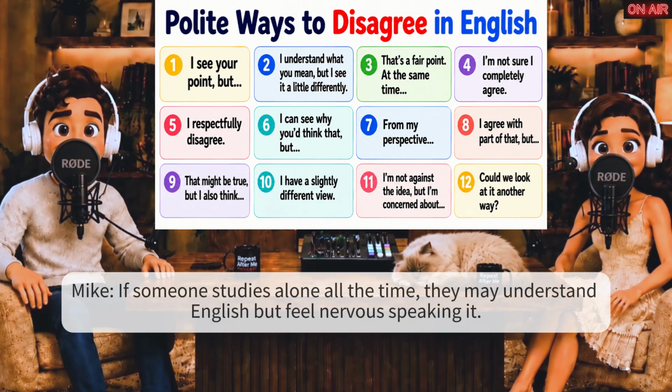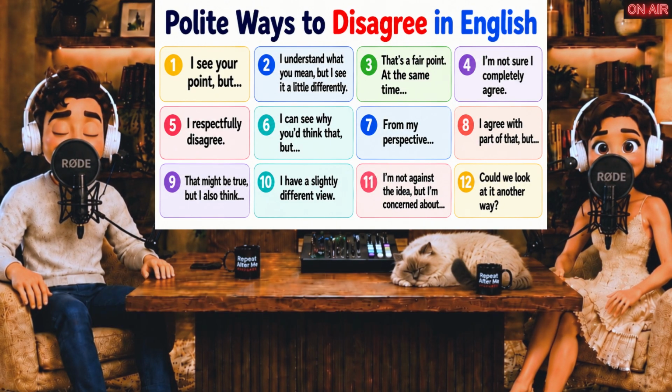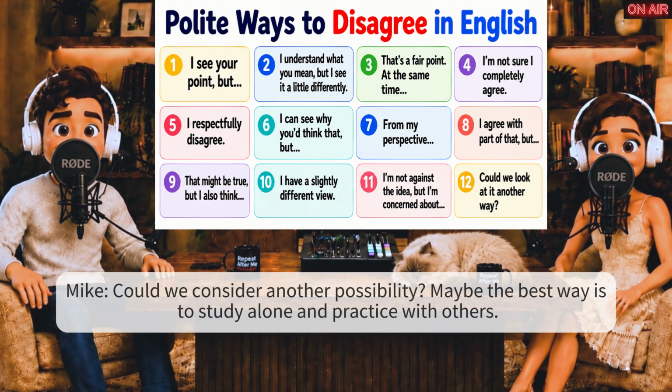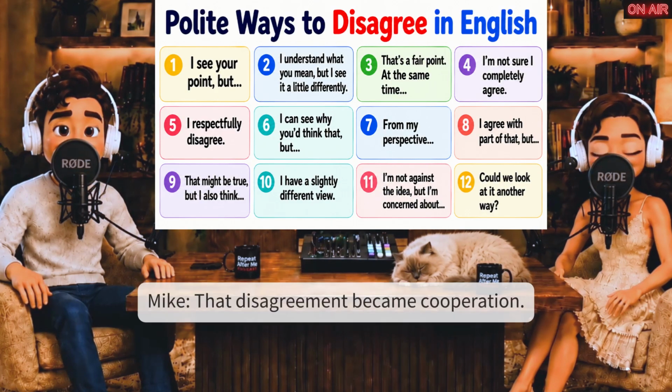If someone studies alone all the time, they may understand English but feel nervous speaking it. Good point. Could we consider another possibility? Maybe the best way is to study alone and practice with others. From my perspective, that sounds like a balanced plan. That disagreement became cooperation.